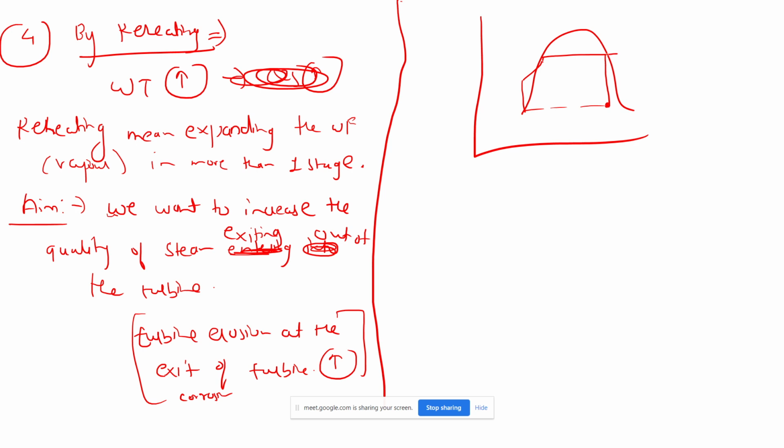For that, what we will do is reheat the cycle. By reheating, what will happen? The quality of the steam improves.